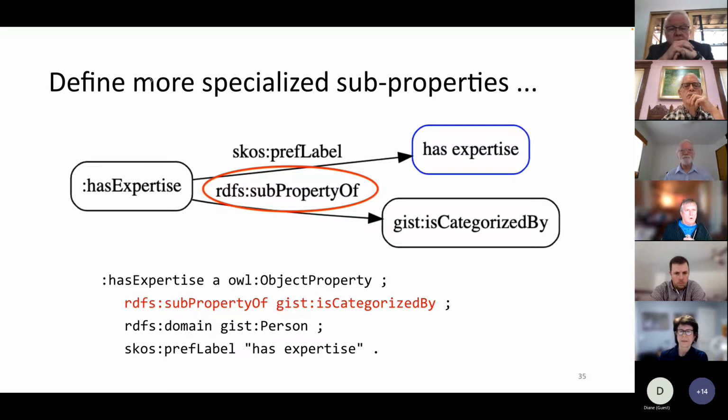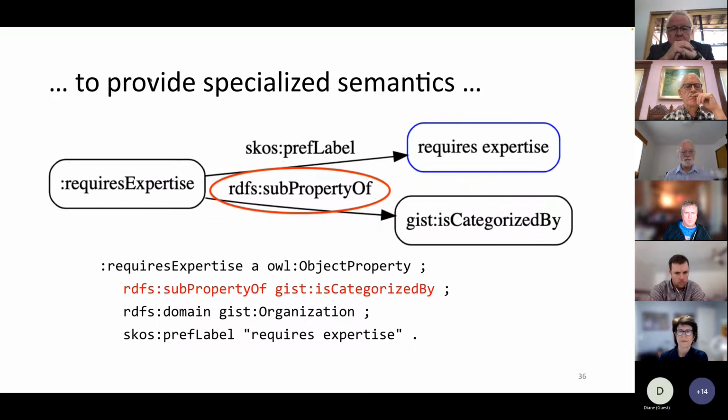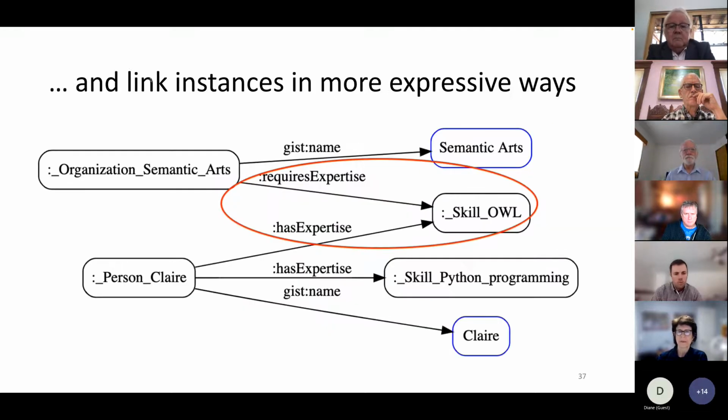For example, the property hasExpertise is a subproperty of gist:isCategorizedBy, but it gives you more semantic content in indicating how exactly Claire is related to this particular skill. And then another one, requiresExpertise, has a different semantics. So here we can say Semantic Arts requires a certain expertise, Claire has a certain expertise, and they meet up that way, instead of this sort of anodyne sense of, well, they're categorized by them. What does that mean?